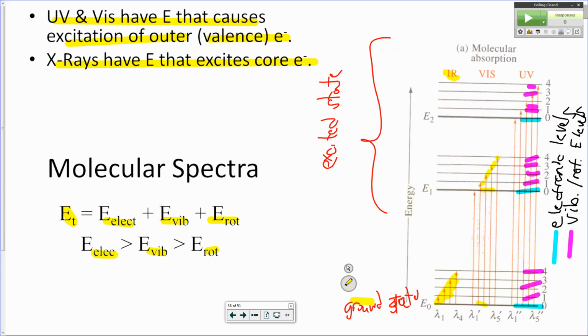That's the reason the spectra are broad. Also, we're not going to start down here at a single vibrational state. We're going to start somewhere in this, depending on where that particular molecule or atom is. I'm going to ask you this in a question somewhere. It's this nature that yields the width of spectra of molecular species.